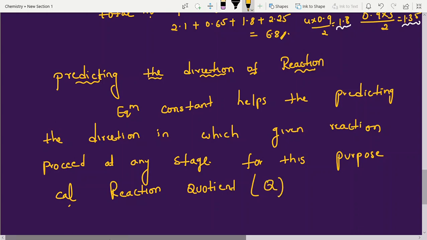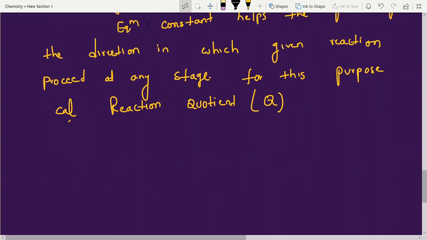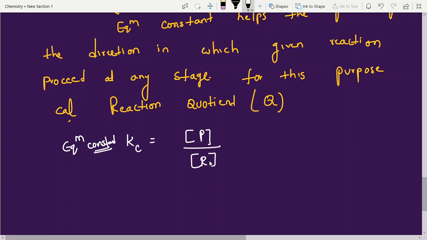Okay. See, students, you know equilibrium constant. What is equilibrium constant? Kc equal to concentration of products by concentration of reactants. Concentration is nothing but box. But Q, what about Q?